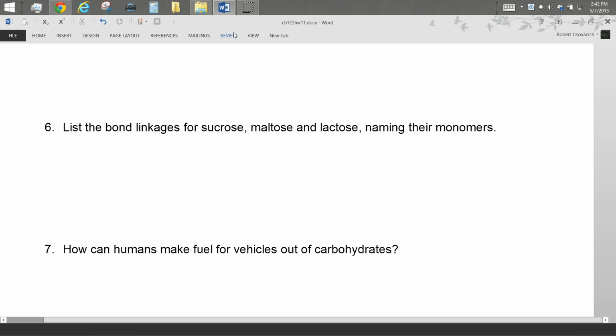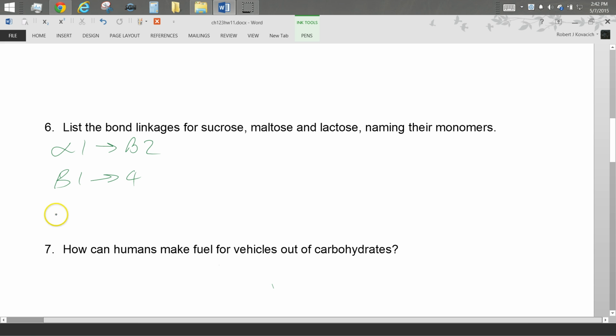List the linkage for the sucrose. So the sucrose is an alpha 1 beta 2, and the maltose is an alpha 1 4, and the lactose is a beta. Oh, I'm sorry. This is beta. Yeah, my bad. Beta 1 4.